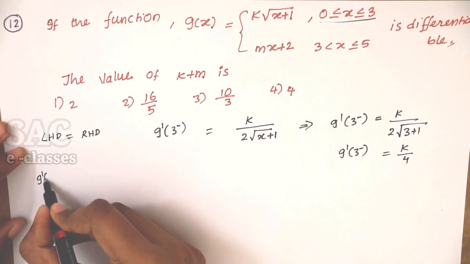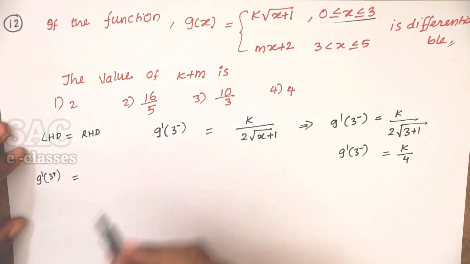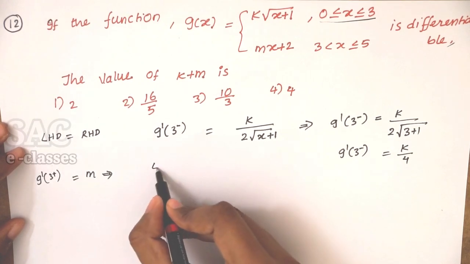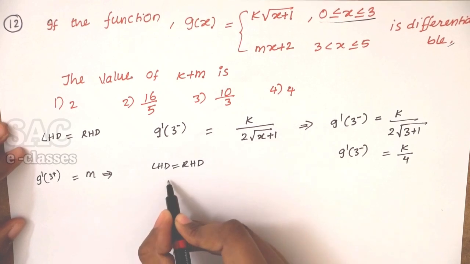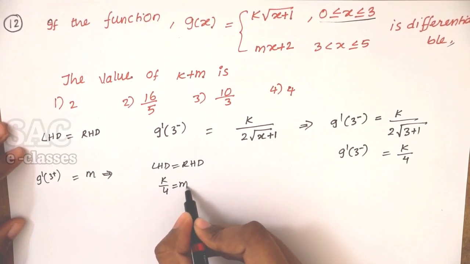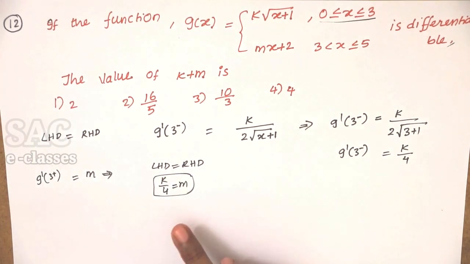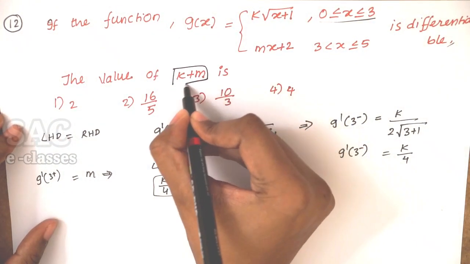Go for g dash of 3 plus. The differentiation of mx plus 2 is obviously m. But we know LHD is equal to RHD, so we can write k by 4 is equal to m. But we just got a relationship between k and m, and they asked us to find k plus m.